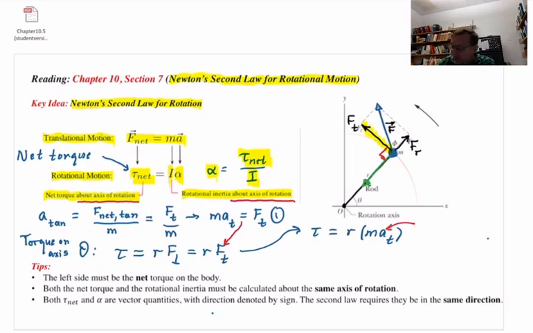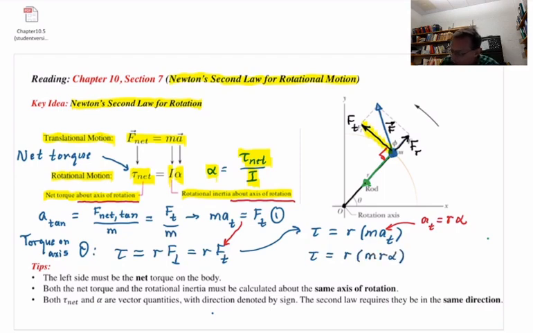The tangential acceleration of our disk can be written as the radius of its circular path times the angular acceleration alpha. a tangential equals r alpha. Chapter 10, section 3. So I'm going to substitute that in for a tangential and see what the torque formula looks like. r times m times r times alpha.